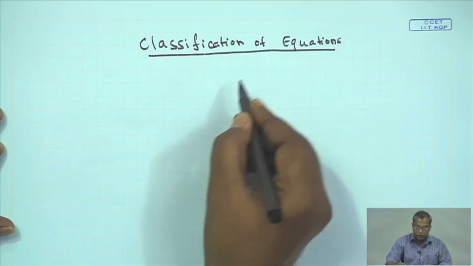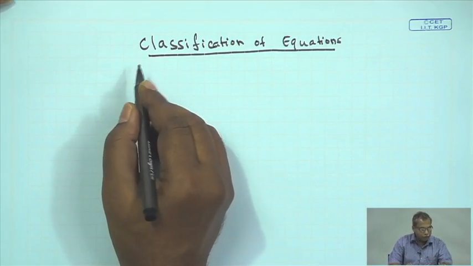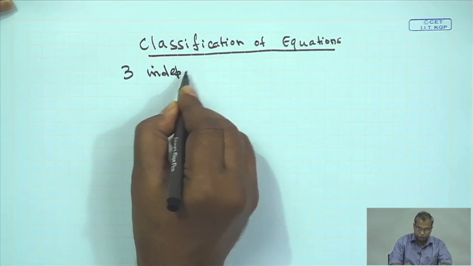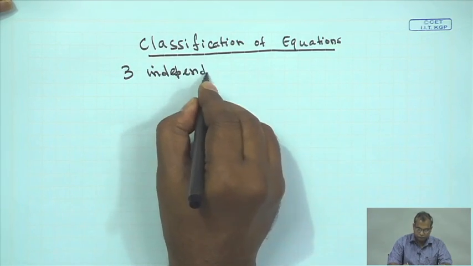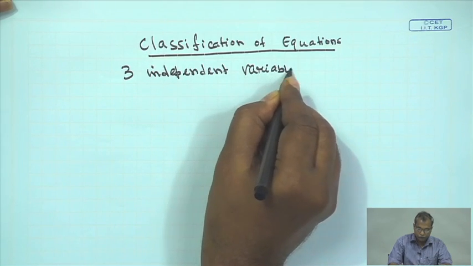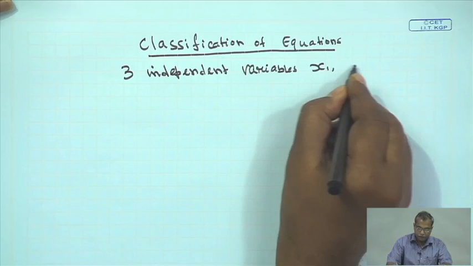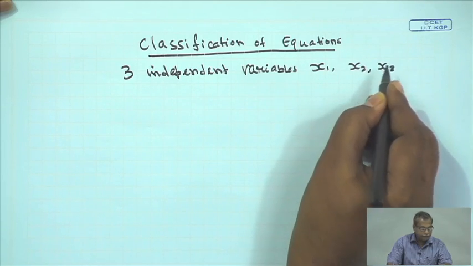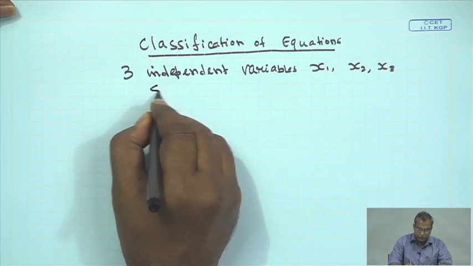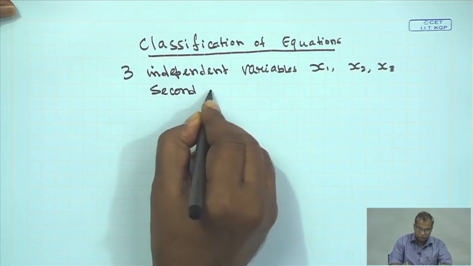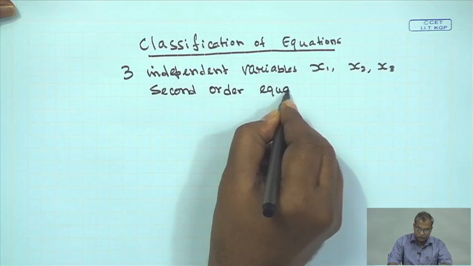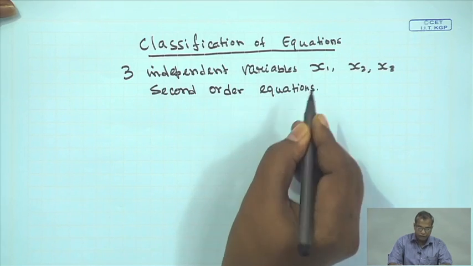In most of the engineering applications, one will be dealing with the three independent variables X1, X2 and X3. Typically we will be dealing with the second order equations in most of the cases.